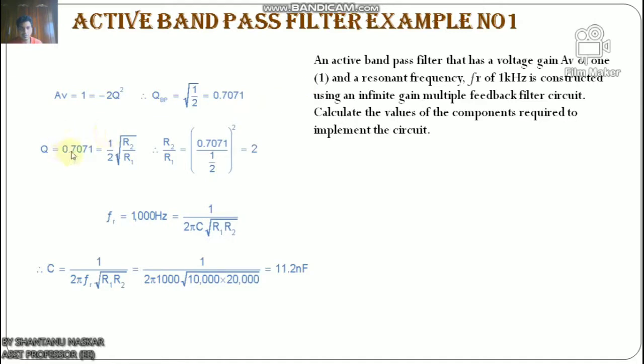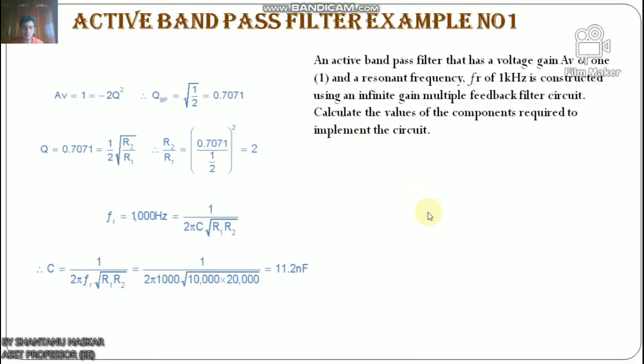Now Q equals 0.7071 equals 1 by 2 root over R2 by R1, using the formula. So R2 by R1 equals 2. Okay, now we can see that the value of Q equals 0.7071 gives a relationship of resistor R2 being twice the value of resistor R1, then we can choose any suitable values of resistance to give the required ratio of 2.